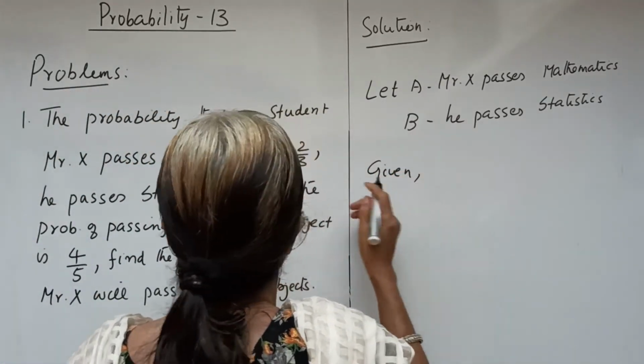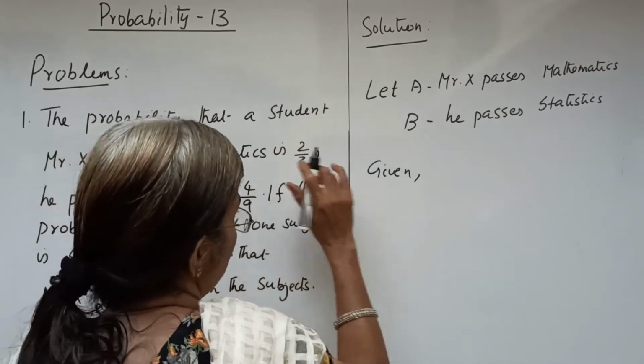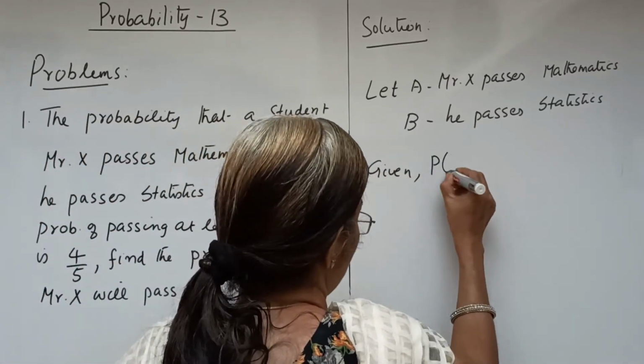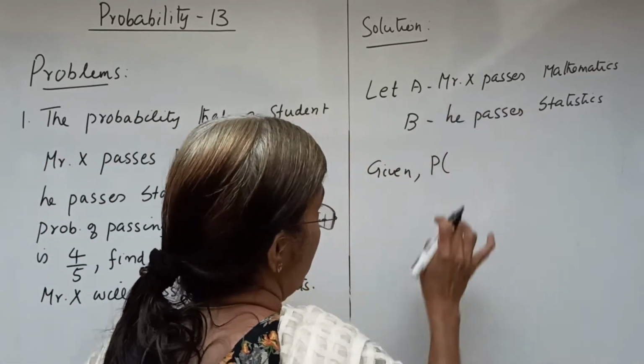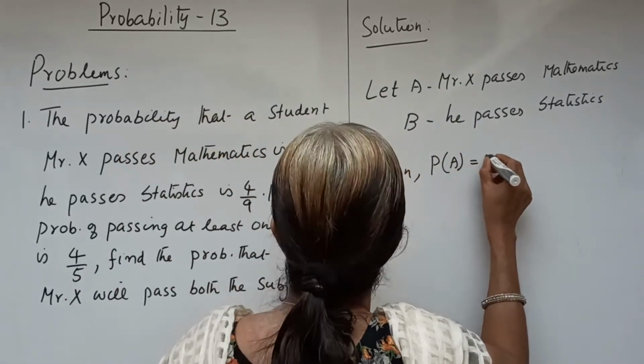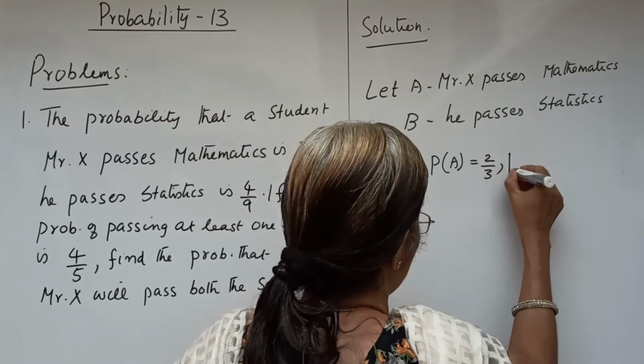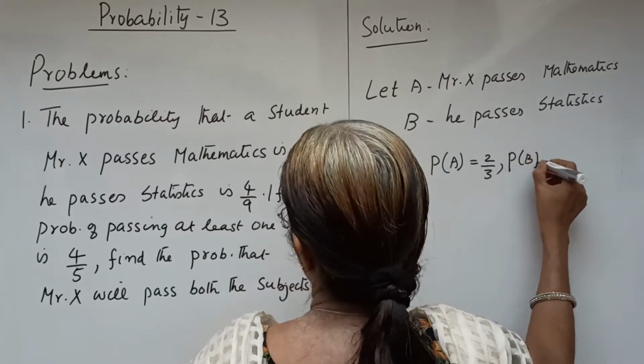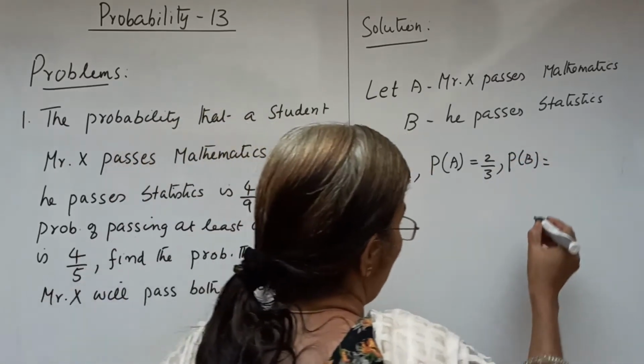First, the probability that he passes mathematics is 2 by 3, and we have defined A as he passes mathematics. So P of A equals 2 by 3. P of B, he passes statistics, is 4 by 9.